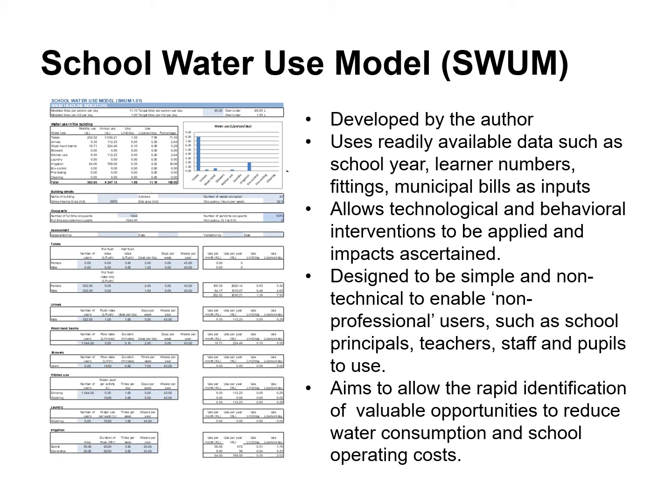And the whole point of the tool itself is to quickly try some of the different interventions to try and identify the best opportunities to reduce water consumption and costs.